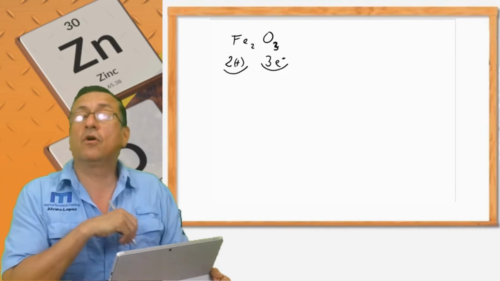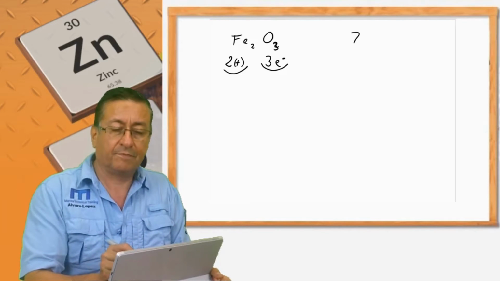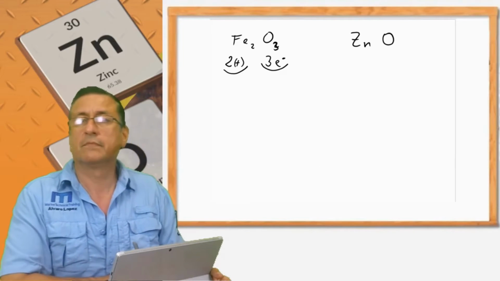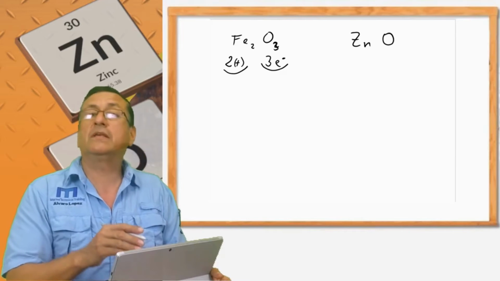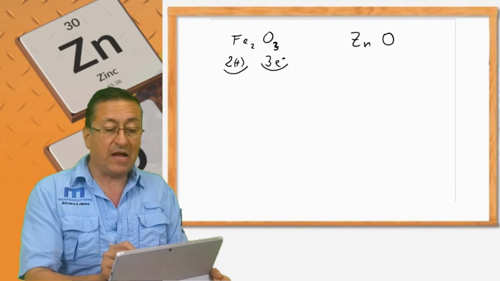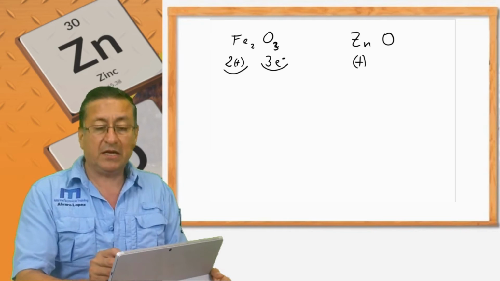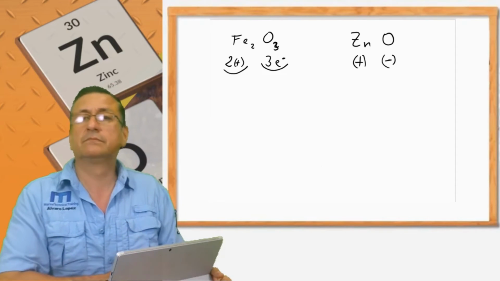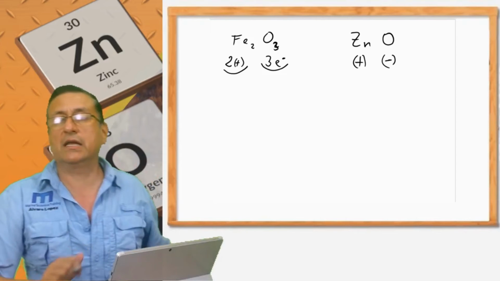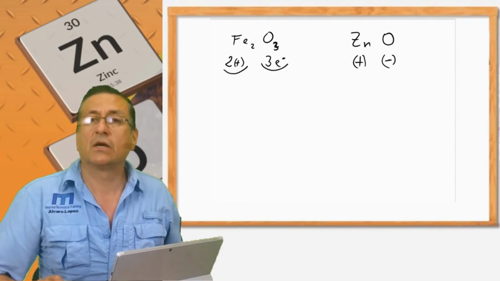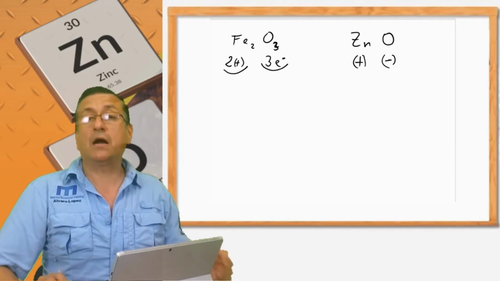In the molecule of zinc oxide, you remember, what is the positive ion? The positive ion is the zinc, and the negative ion is the oxygen, because the oxygen attracts the electrons of the zinc. What is the cathode?